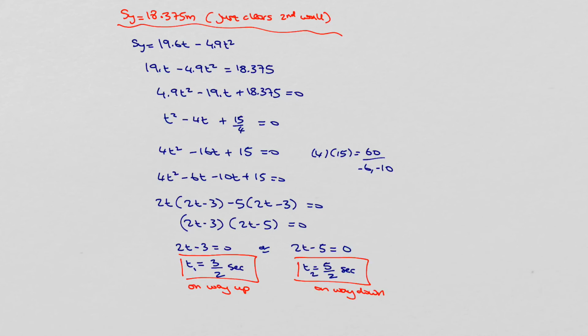So we've worked out our 2 times. So now I'm going to see what is S of x. So S of x when t1 is equal to 3 over 2 seconds. So we know that S of x is equal to 47.04t.